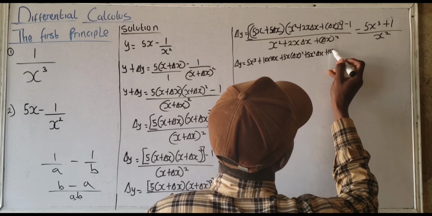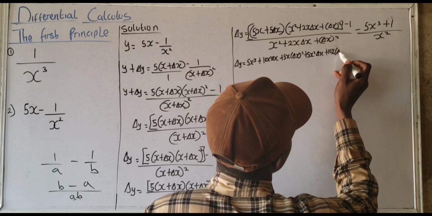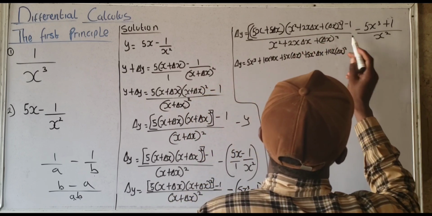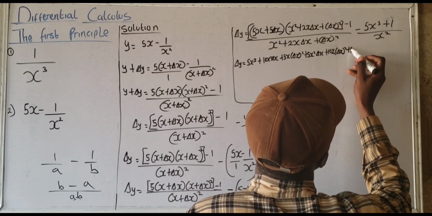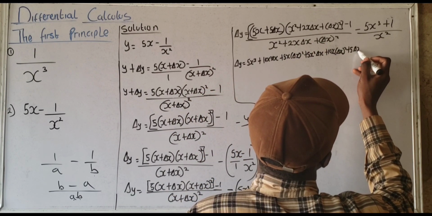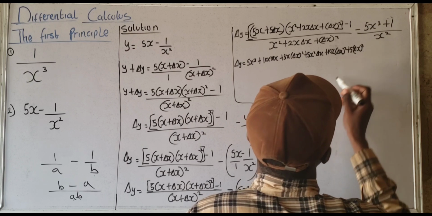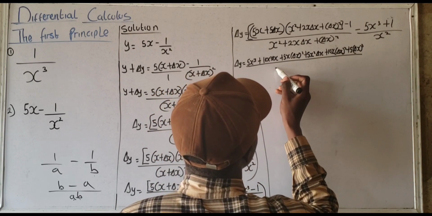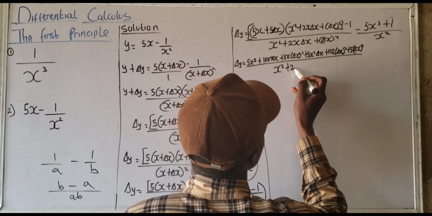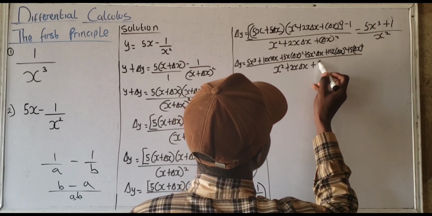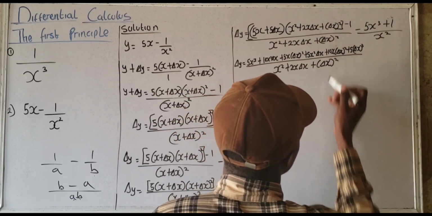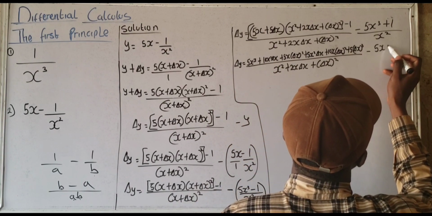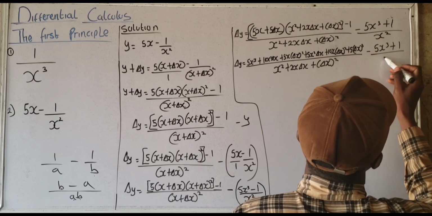Plus 10x delta x squared. 5 delta x times delta x squared, that is what? Plus 5 delta x cubed. You understand? All over x squared plus 2x delta x plus delta x squared. You understand? So minus 5x raised to the power of 3 plus 1 all over x raised to the power of 2.